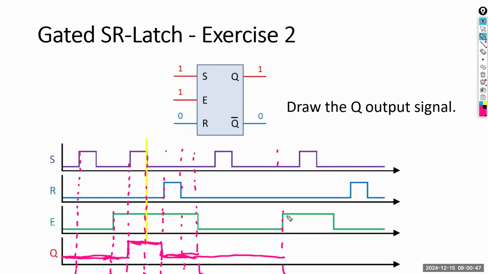Now again it becomes enable, but no changes to S and R, both are 0. It will remain there. Now again set because enable. It stays like this, and then both become 0. Still it stays like this because it's memory there.